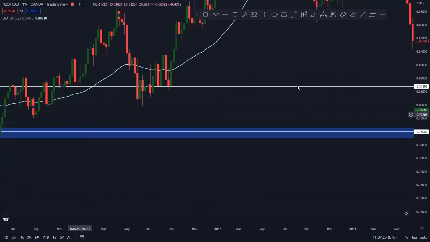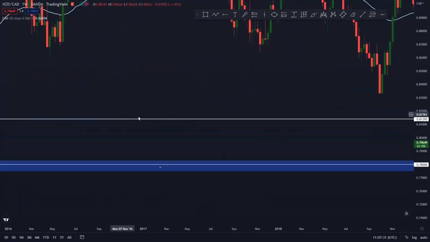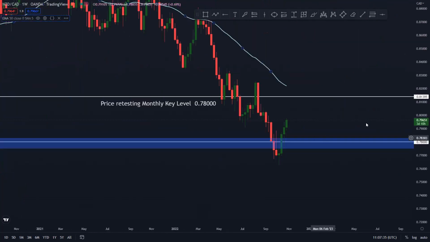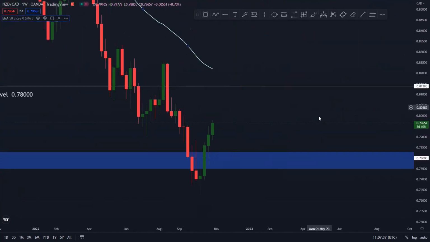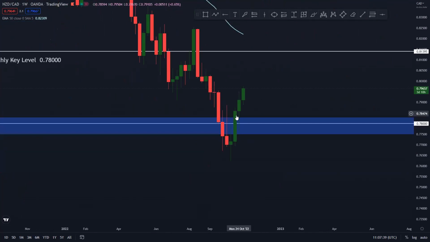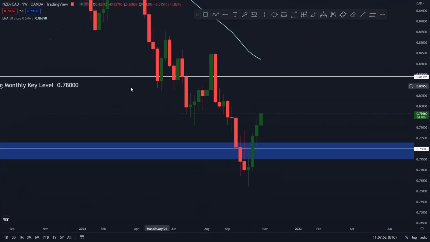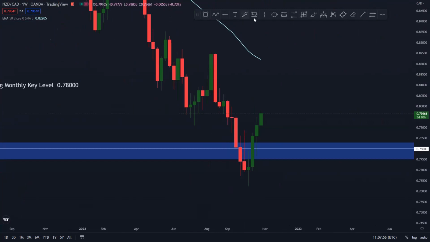So what then was I looking to do? Having seen price print the very exact same candlestick patterns right on this very same key level as it did previously, some 10 years ago, I was looking out for price to give me the same outcome.